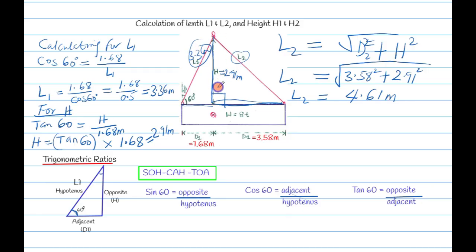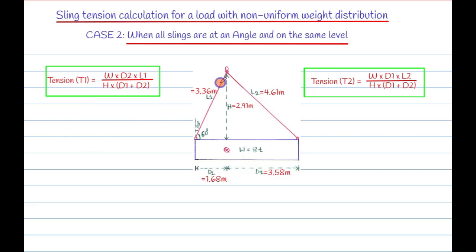Okay, so right now we have to proceed to get the sling tension. For us to get the tension on L1 and the tension on L2, we have to use this equation.